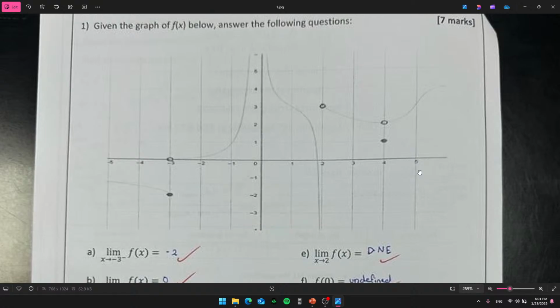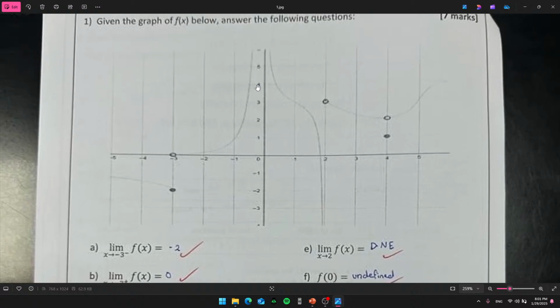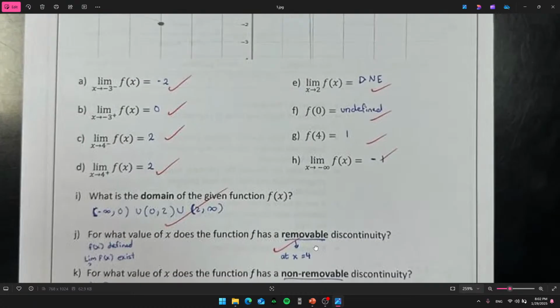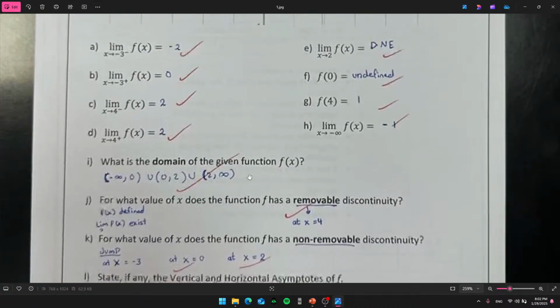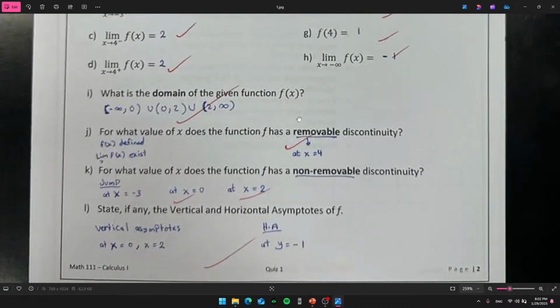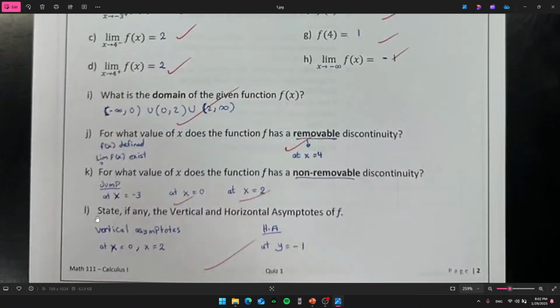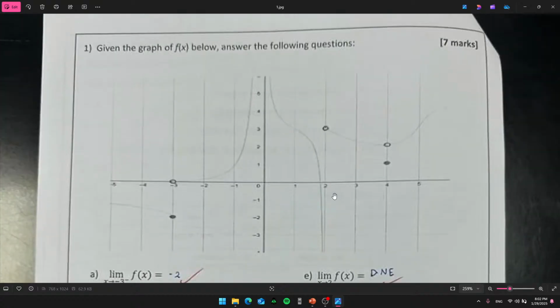I don't see other horizontal asymptotes. Maybe at y equal 4? Let's see. No, y equal 4 is not a horizontal asymptote. Just at y equal -1. And for vertical asymptotes, only 0 and 2, because one of the sides of the function approaches infinity.